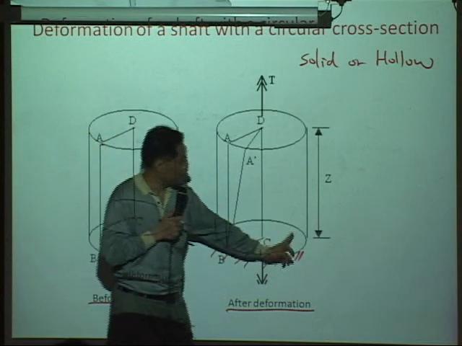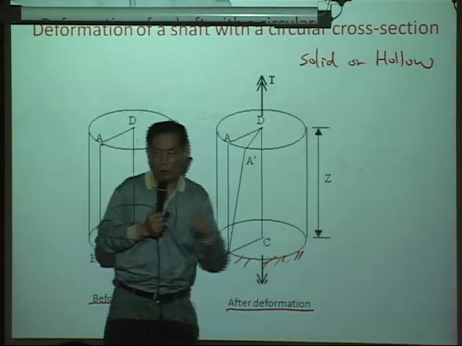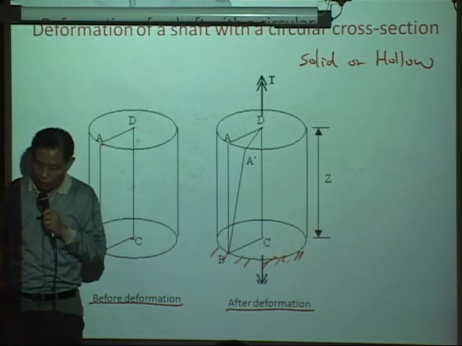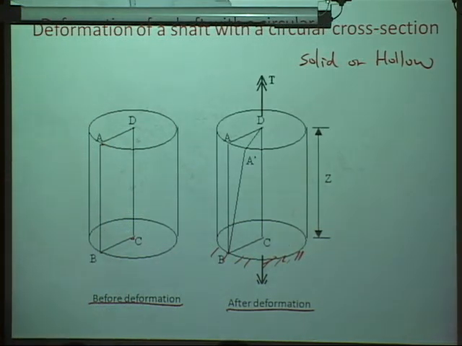The vertical coordinate along the shaft we call Z. And simply, the point A moves into a different position, A prime.